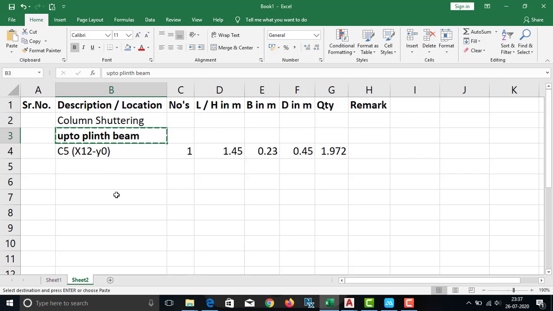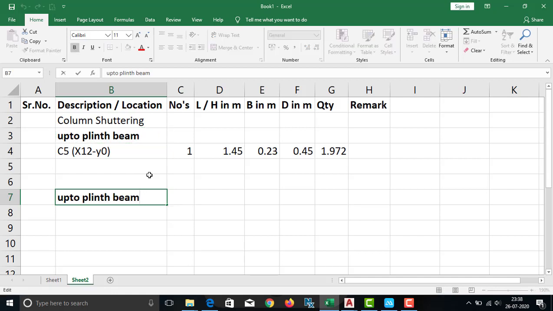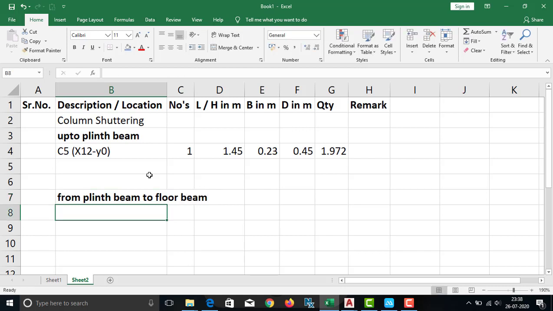After finishing up to plinth beam, you go for finding the quantity of column shuttering from plinth beam to floor beam. You have to mention up to which floor you are going to find, that is first floor, second floor, third floor, like that. So it is up to floor beam.